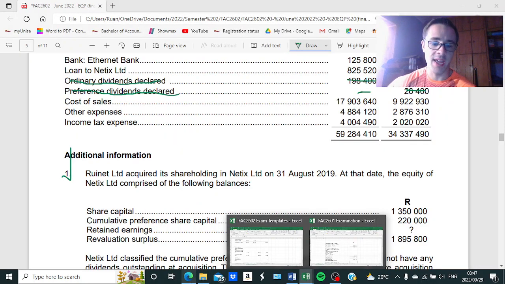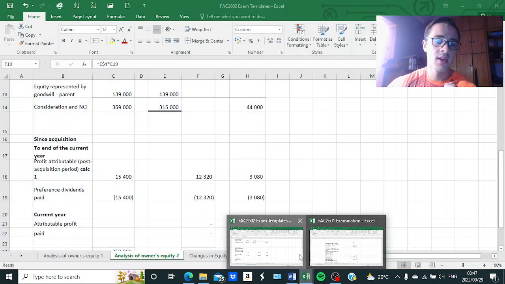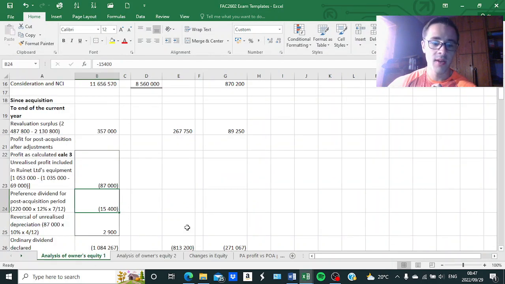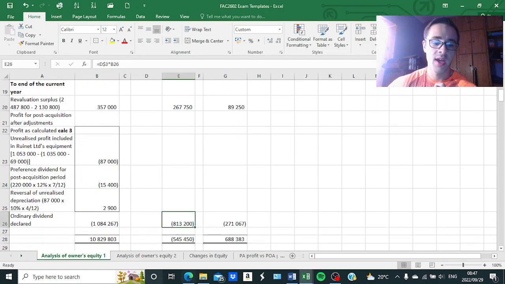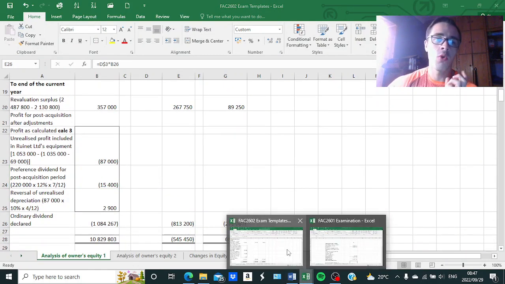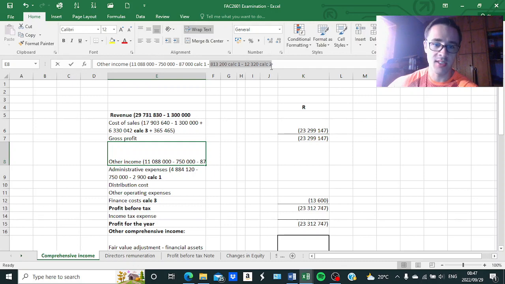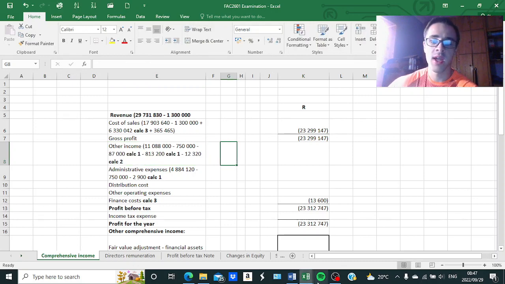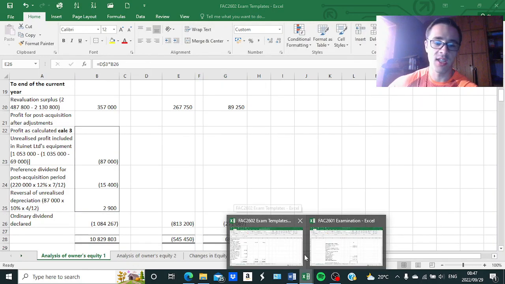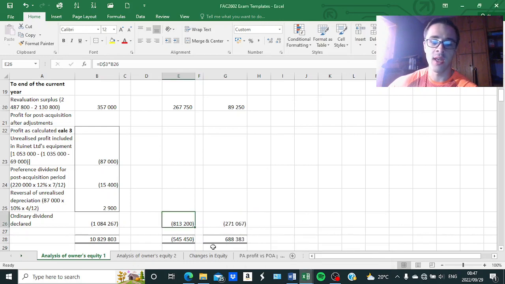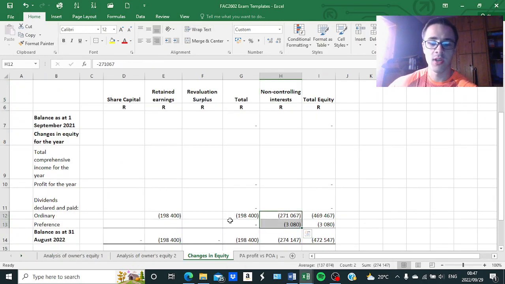So 4.8, you should have calculated the intergroup dividends paid to the parent, and you need to eliminate these amounts, both for ordinary and preference dividends, in your other income line in the consolidated statement of profit or loss and other comprehensive income. And in your consolidated statement of changes in equity, you need to show the amount paid to non-controlling interests, both for ordinary and preference dividends.